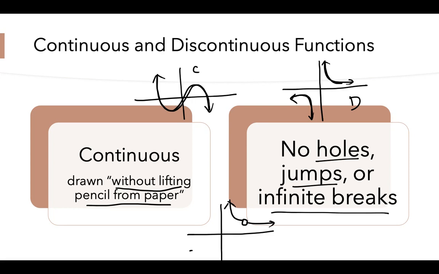And this section, there is a jump. So therefore, this is discontinuous. And an infinite break means that there is an asymptote. If there's an asymptote, it's discontinuous.